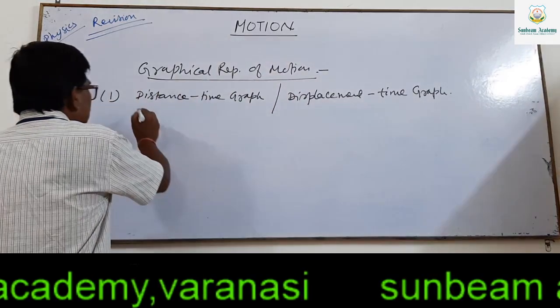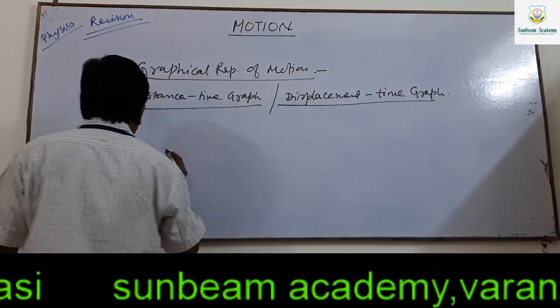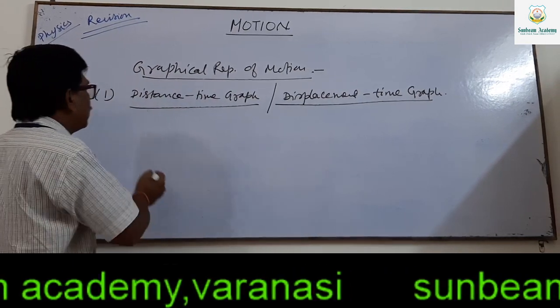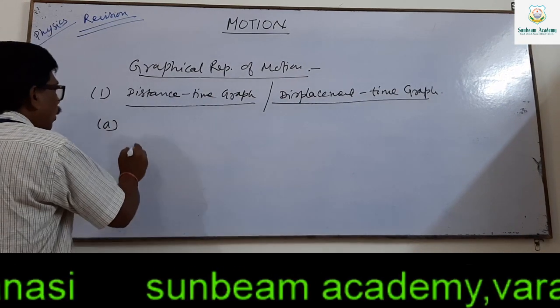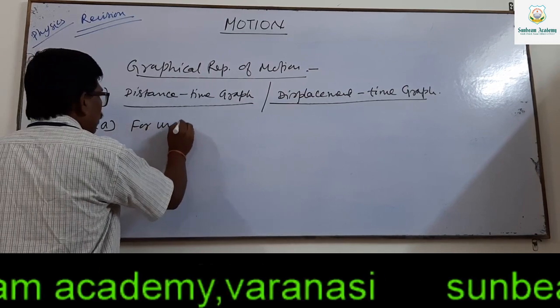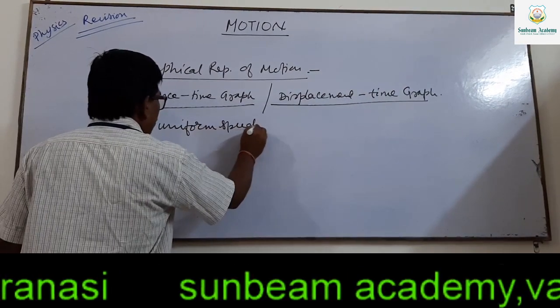So what are the conditions to represent graphically in the case of a distance time graph or displacement time graph? First case is for uniform speed.